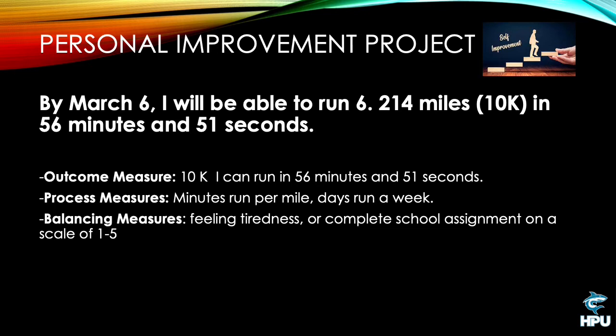On the other hand, a balancing measure is something like feeling tired or a lot of school assignments that can affect my practicing of running. So I can measure how tired I am at that time, scaled from 1 to 5.